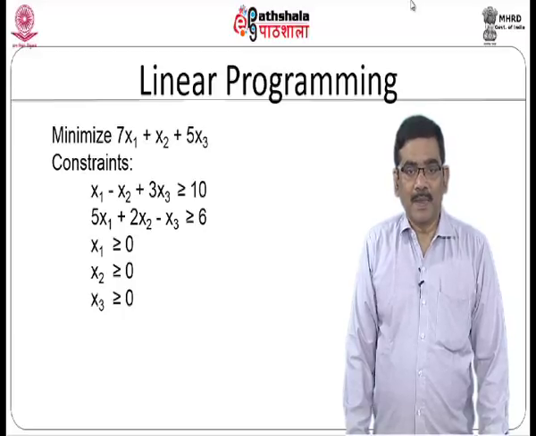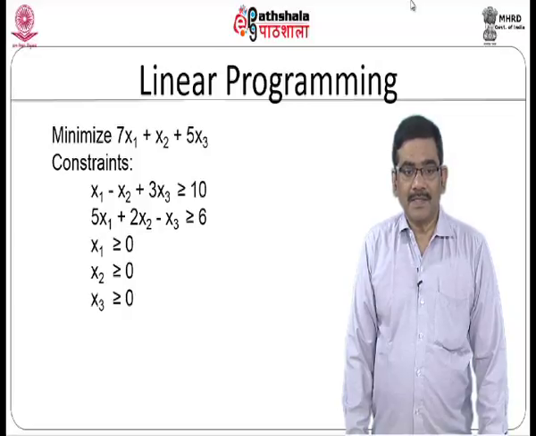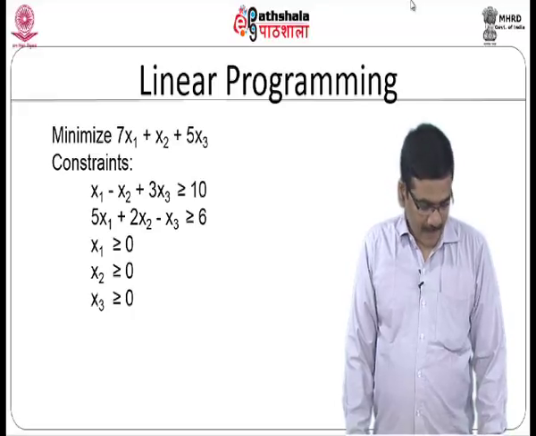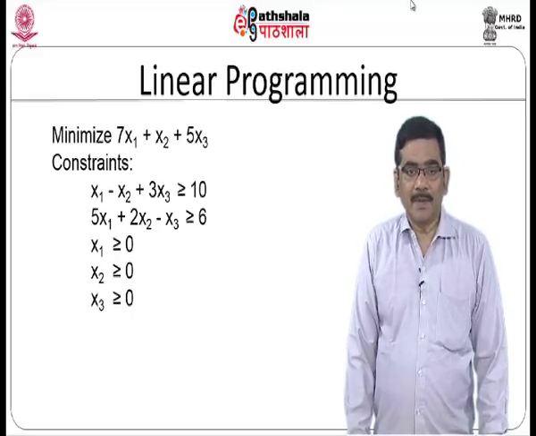You have to minimize this subject to the constraints. You can see that all these constraints are given in the form of an inequality, like greater than or equal to or less than or equal to. In this problem all are given as greater than or equal to some numbers.